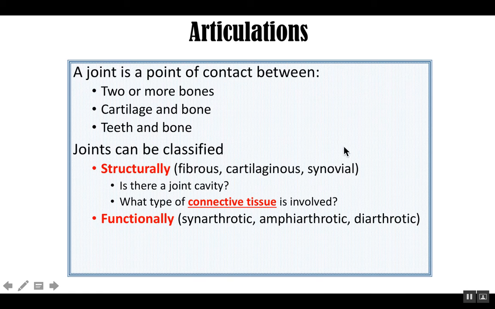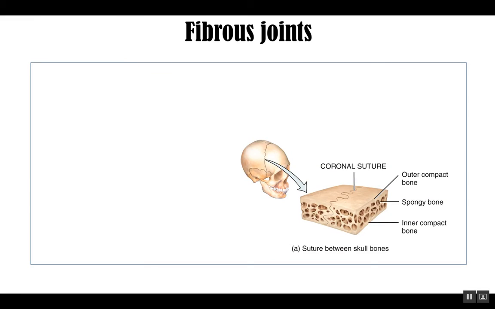And we're going to see that all synovial joints are classified as diarthrotic. They are freely movable. So the degree of movement determines what functional category a joint belongs to.